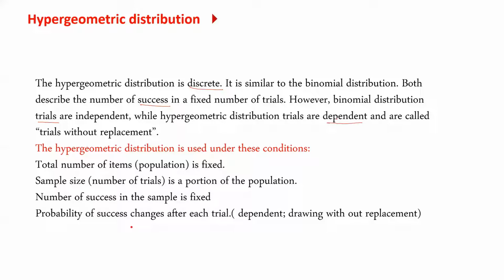This makes hypergeometric trials dependent. For example, the second trial depends on the first, and the third depends on the second and the first.